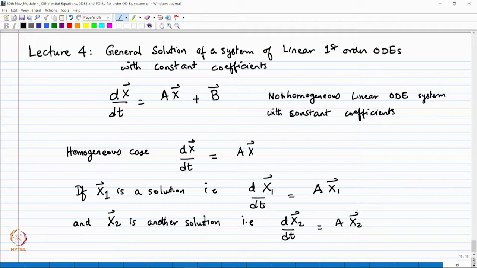So, suppose you have two solutions x1 and x2 to this homogeneous differential equation.